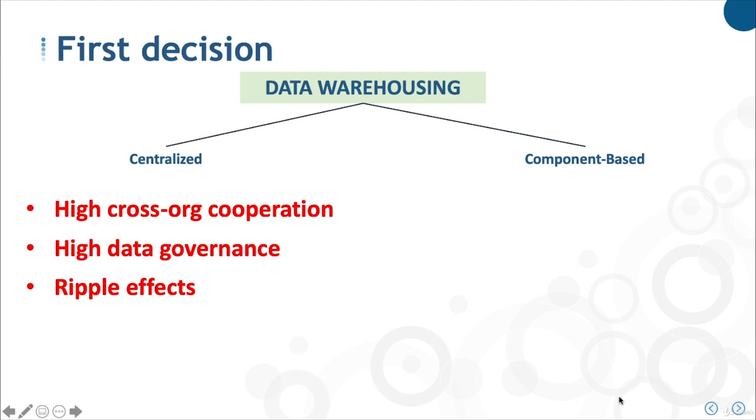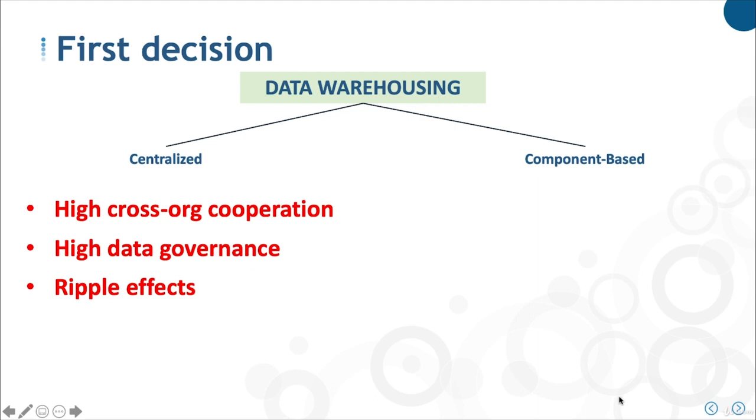At the same time, though, a centralized data warehouse requires a high degree of cross-organizational cooperation, which, as I pointed out a little bit ago, was not necessarily the easiest thing to come by, especially when you're dealing with data for analytics. It does require a very high degree of data governance, the maturity and rules that go along with our data.